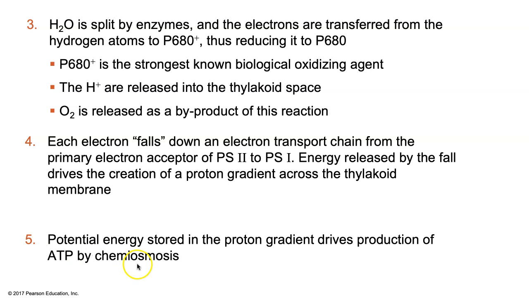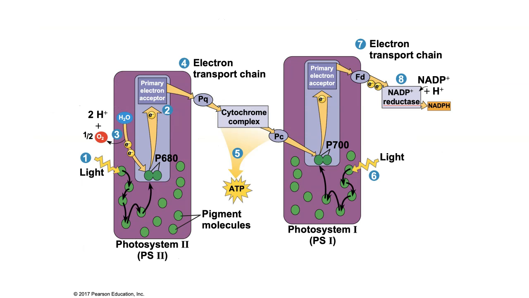So step 5, I guess we can back up for a second. So that potential energy that's created from that proton gradient is going to drive the production of ATP by chemiosmosis. So we're creating this proton gradient by this electron transport chain, again, just like cellular respiration.